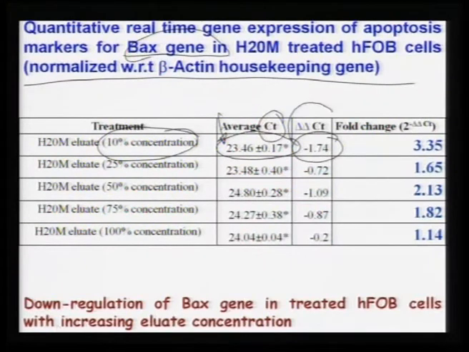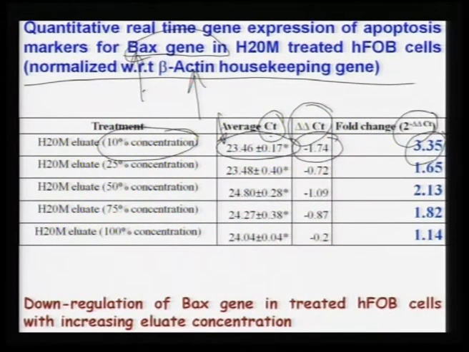The delta CT value is the cycle threshold difference of the particular gene of interest, the BAX gene, with respect to the beta actin gene. So, it is minus 1.74, and the fold change is 2 to the power minus delta CT. If you do a little bit of calculation, it comes out to 3.35.